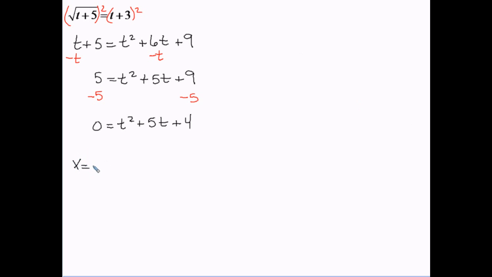So x equals negative b plus or minus the square root of b squared minus 4ac over 2a.